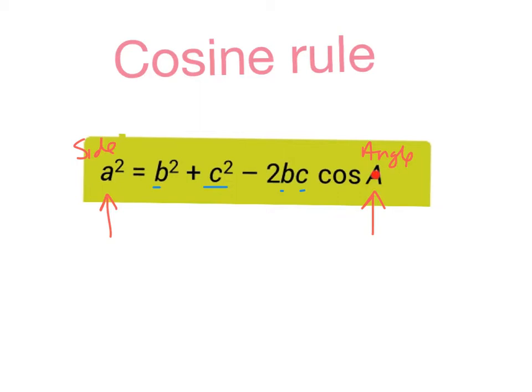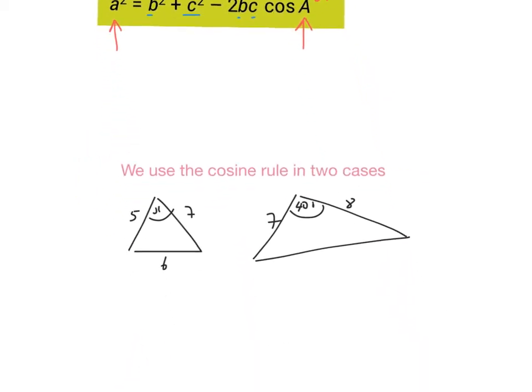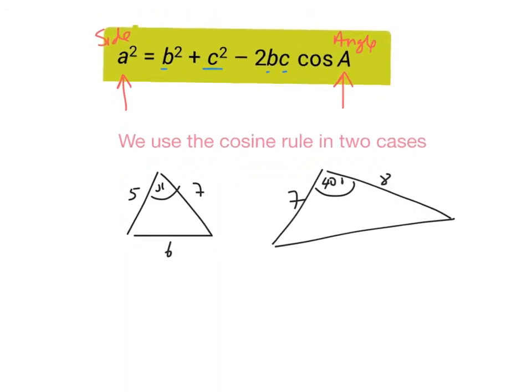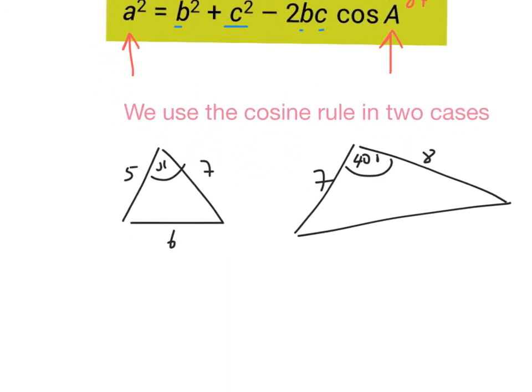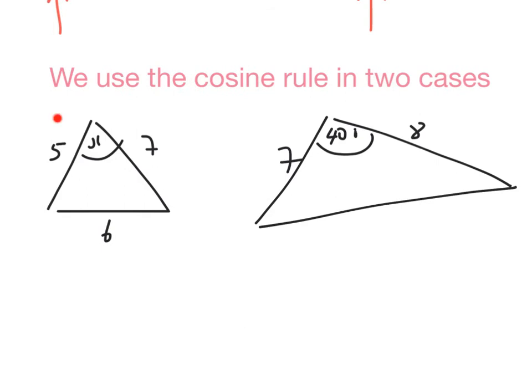But the a is super important. You use the cosine rule in two cases. You use it if you are given a triangle where you are given three sides and you're asked to find an angle, or in this case here where you're given two sides and an included angle.